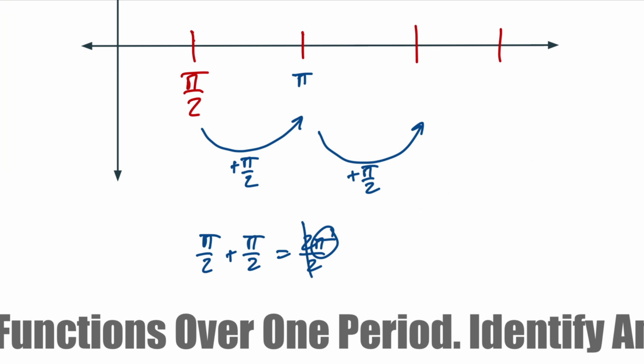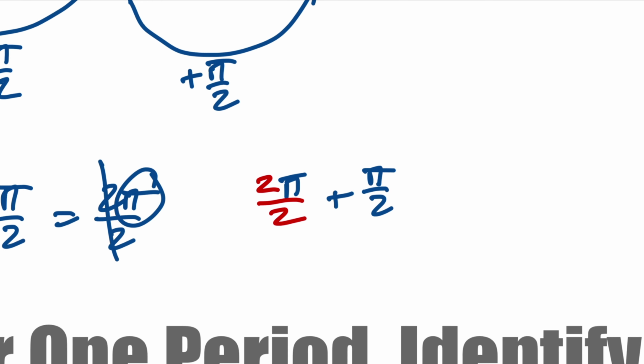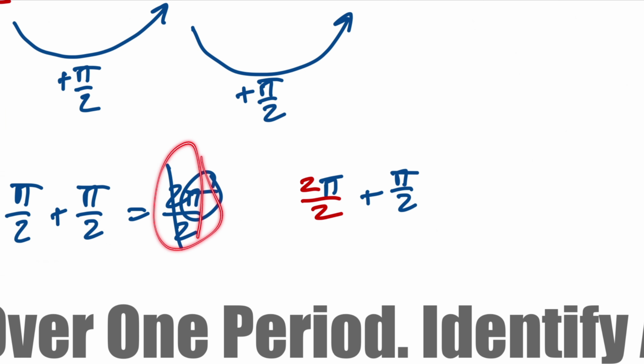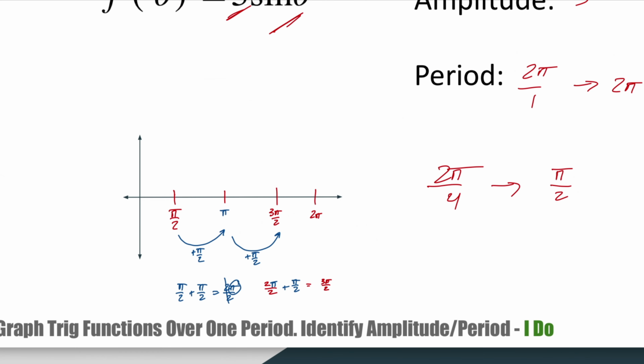So pi plus pi over 2. Now you do have to put this into the same denominator again, which we had that already right here. We just simplified it out. We add that together, we get 3 pi over 2. So that's what this is. Okay. And then finally we have 2 pi. Now we could have added it, but again, that's where our period ended, was 2 pi.